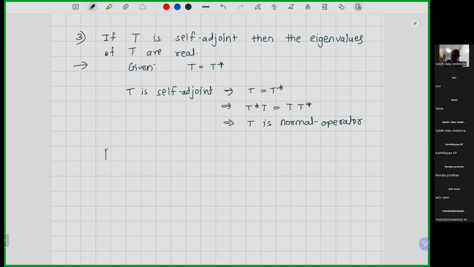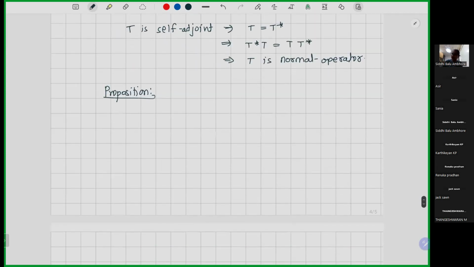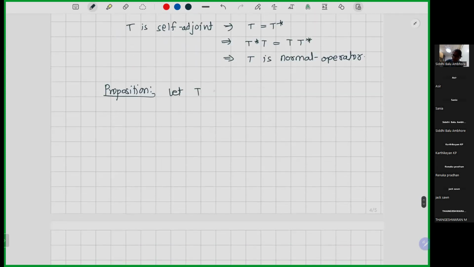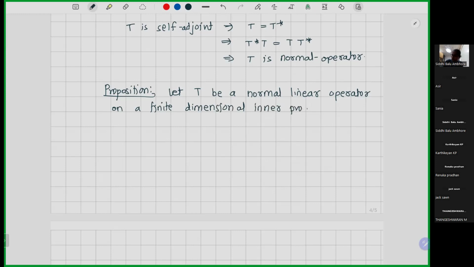So let me just write this proposition because that will be easier. It says: let T be a normal linear operator on a finite dimensional inner product space.